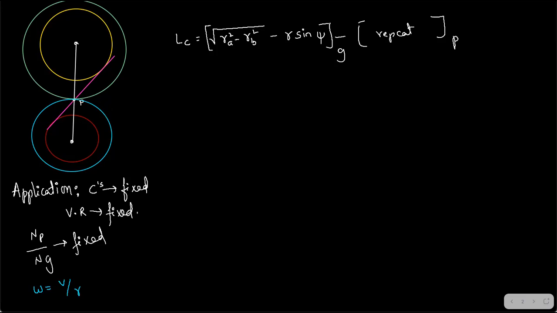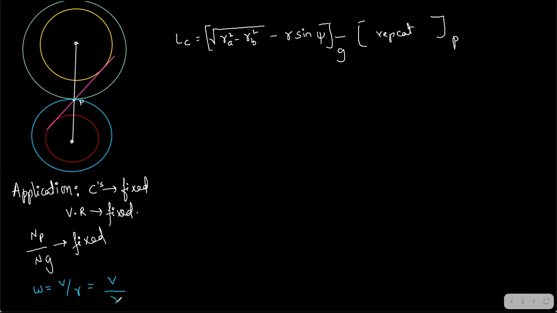So what is V? You take any one of these, V by R. R is the pitch radius of pinion, and this is the pitch radius of gear from the center to point P. So what we get is RP.